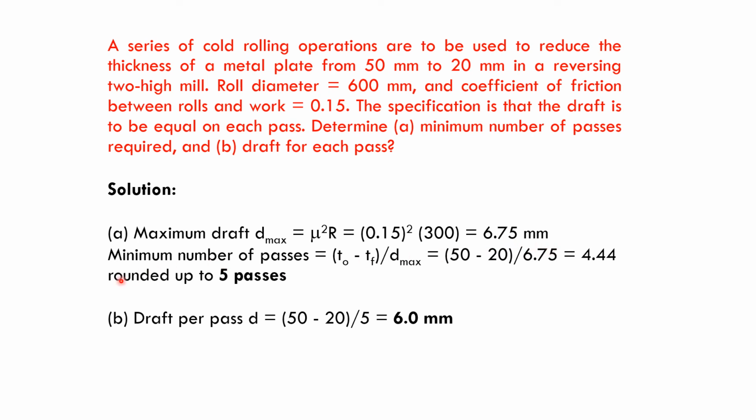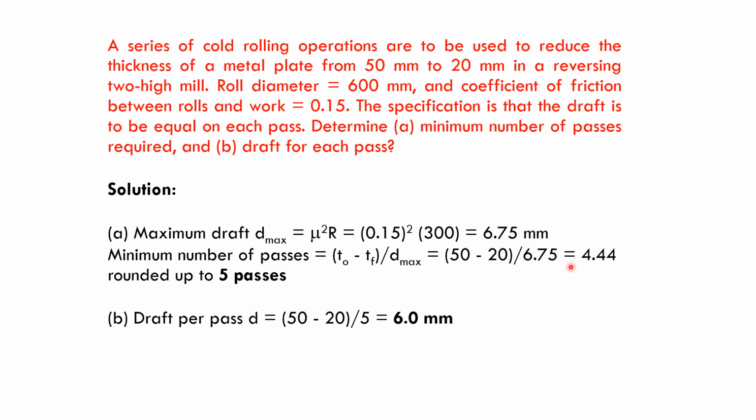Okay, so it says the minimum number of passes. Here we have to see how much reduction we want to make, which is 50 minus 20, so we have to reduce by 30 mm. So you take T naught minus T final, 50 minus 20, over the maximum draft that you can create here.